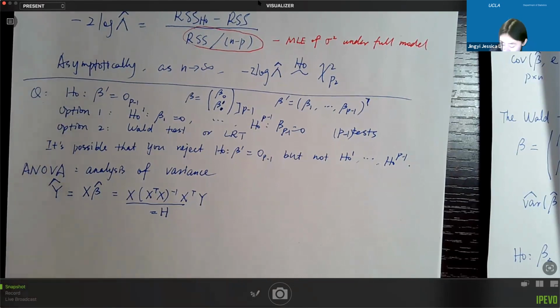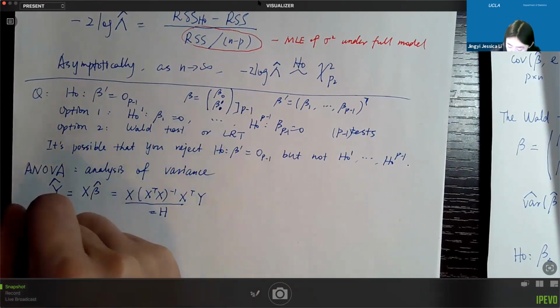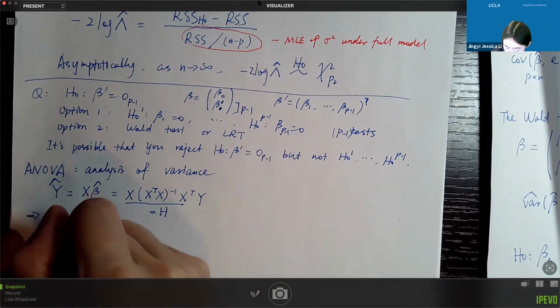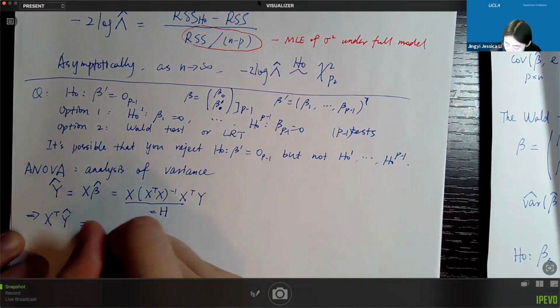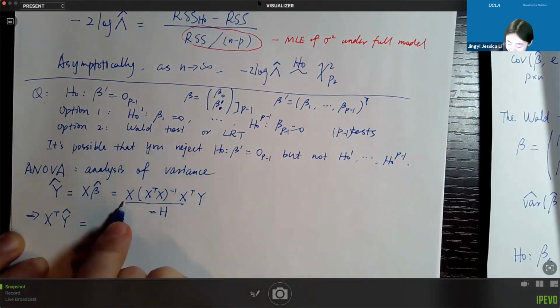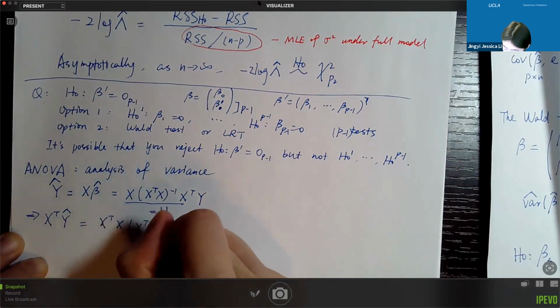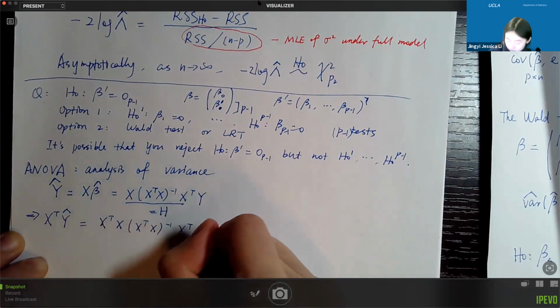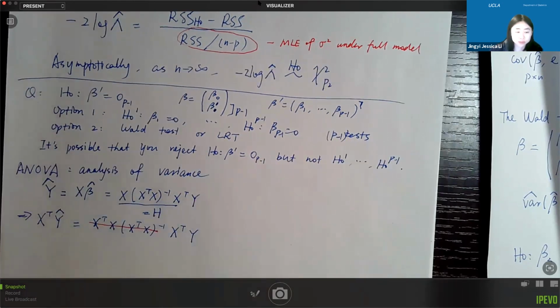And what does this imply? Let's imagine I left-multiply X transpose on both sides. If I do X transpose y hat, I'll see something very interesting: I will cancel out X transpose X here.